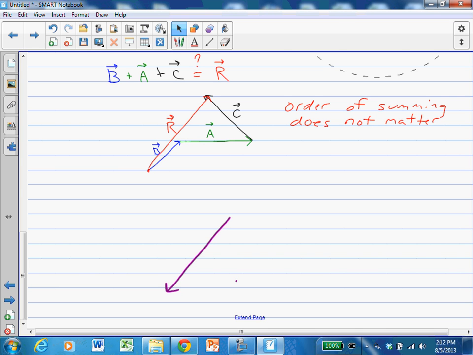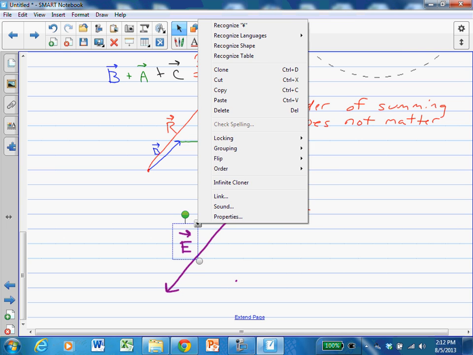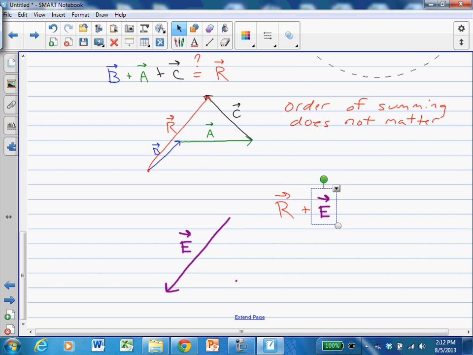So this here is the equilibrium. And remember, R plus E equals 0. Same magnitude, opposite direction.